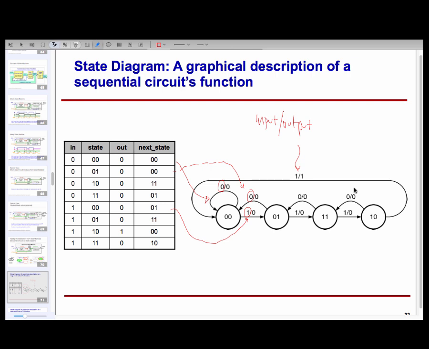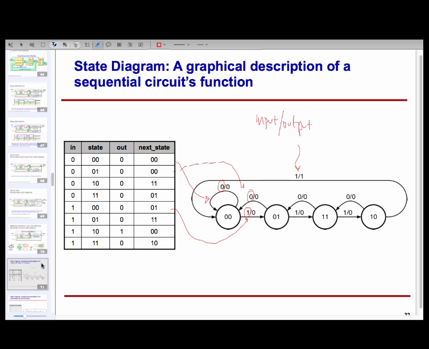If input is 1, output is 1, and at the next clock tick, go to state 0, 0. So it is exactly the same information which I have on the left hand side, but the idea is that this is easier to reason about. This is almost like the flow charts that we do if you have written software, or the flow of logic in our software. That's what's happening out here.